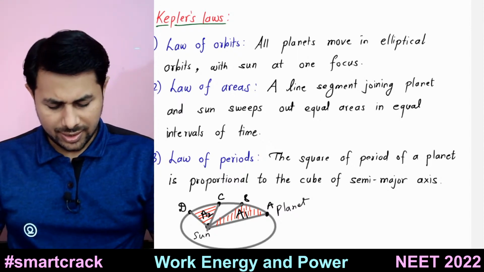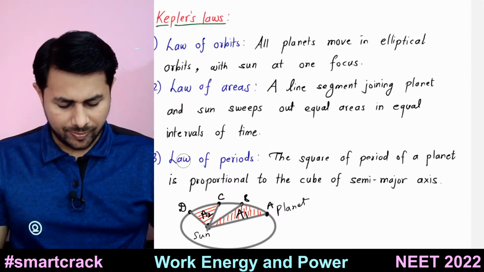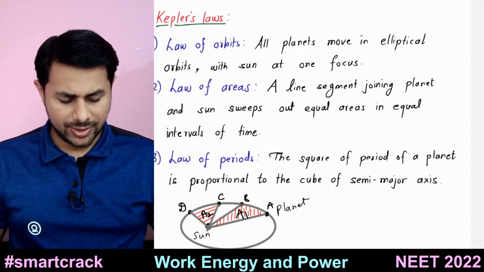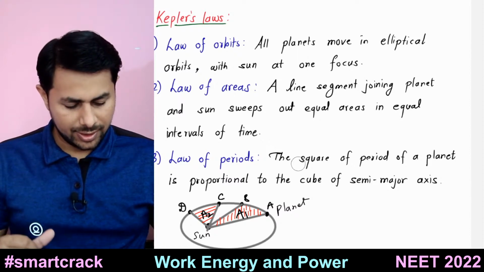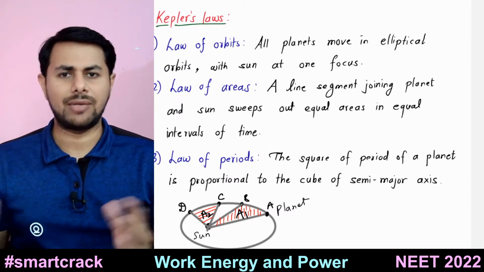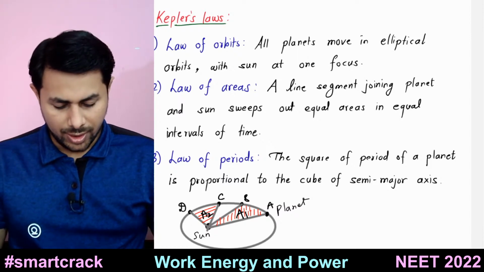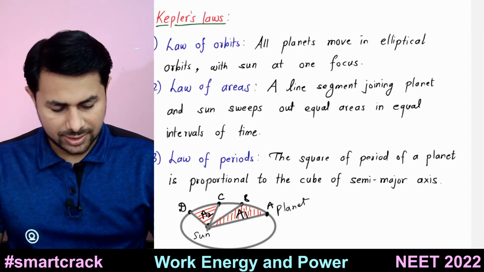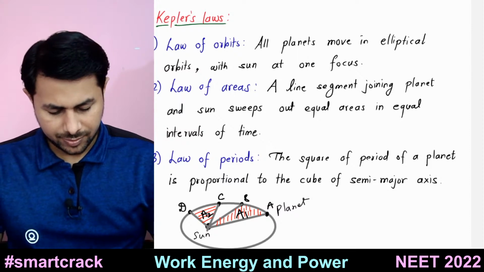Okay, and then there is third law, which is law of periods. So what is law of periods? The square of period of a planet is proportional to cube of semi-major axis. Okay, so we know that there are two axes to an ellipse.